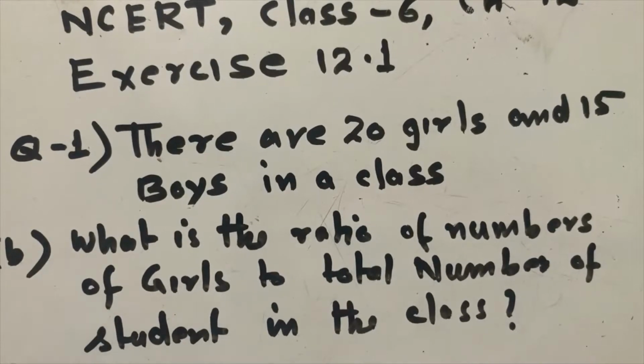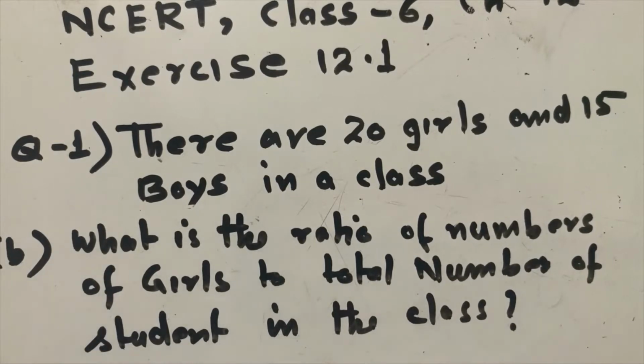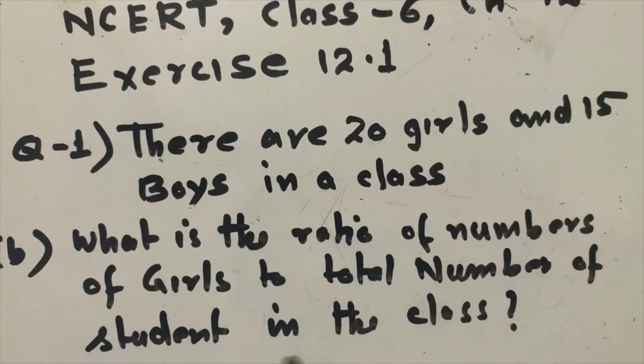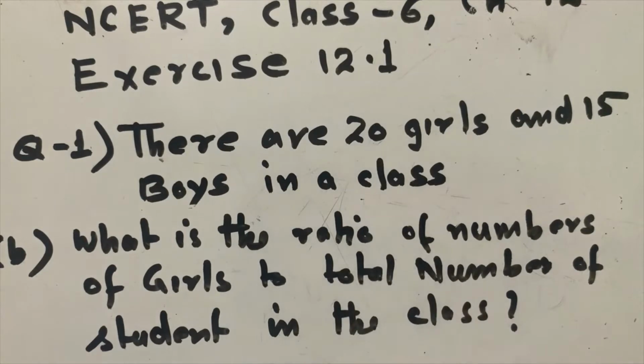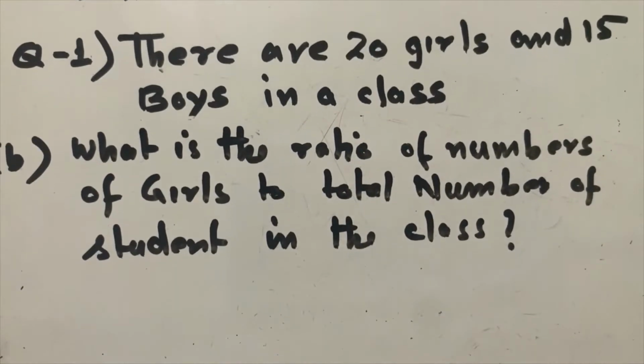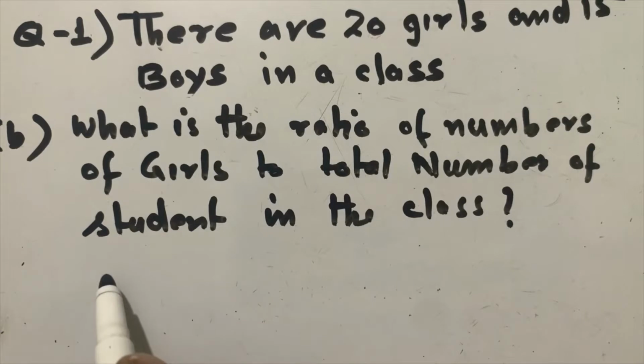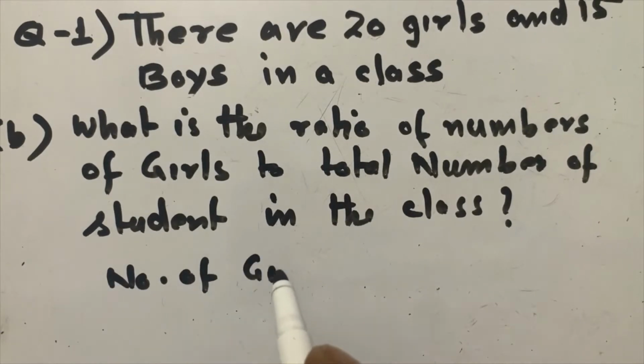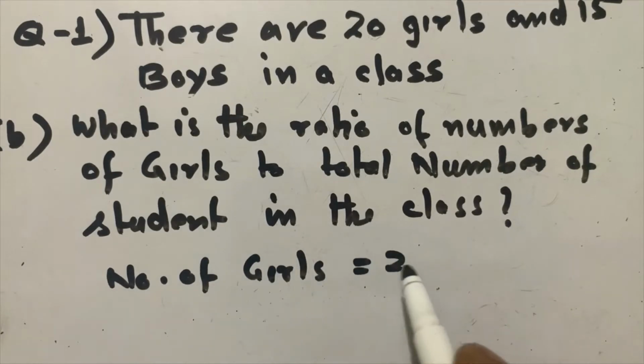Question number 1, part B. It is given there are 20 girls and 15 boys in a classroom. What is the ratio of the number of girls to the total number of students in the class? Number of girls is 20.